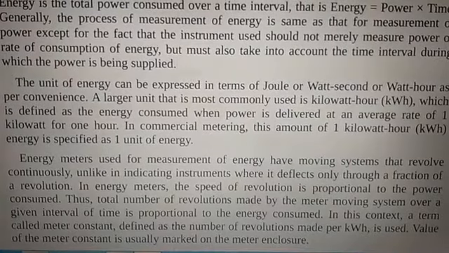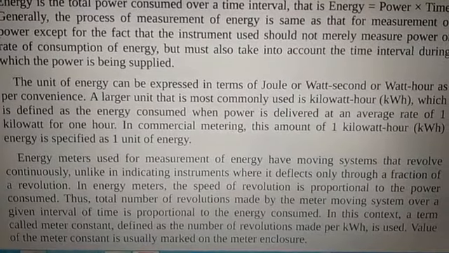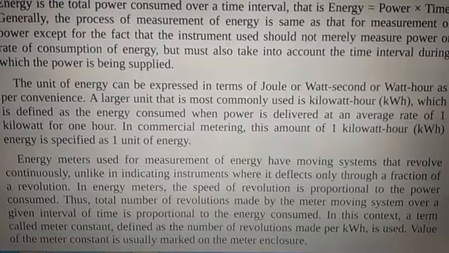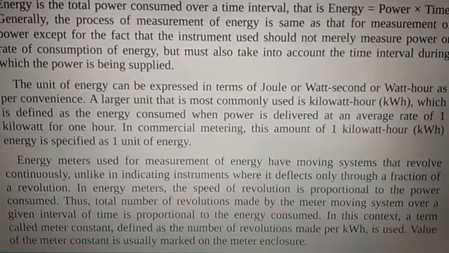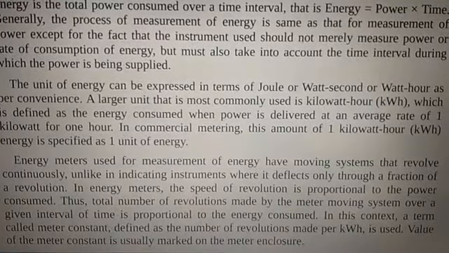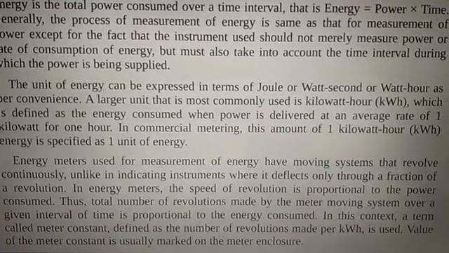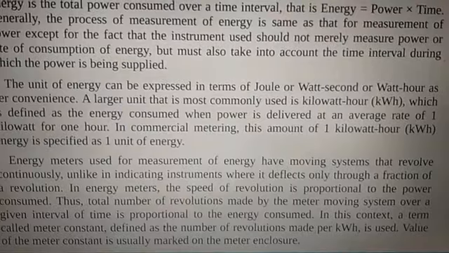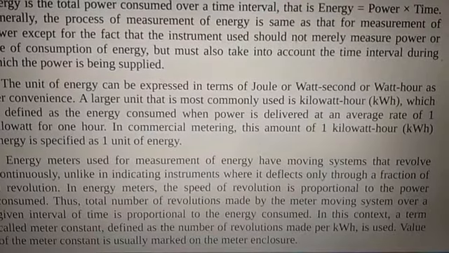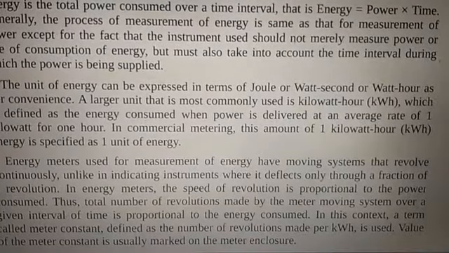Thus, the total number of revolutions made by the meter moving system over a given interval of time is proportional to the energy consumed. In this context, a term called meter constant, defined as the number of revolutions made per kilowatt hour, is used. The value of the meter constant is usually marked on the meter enclosure.